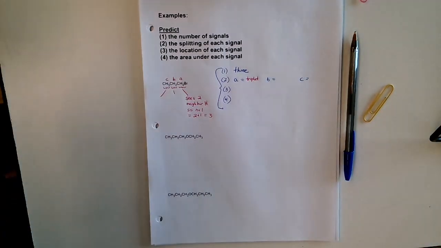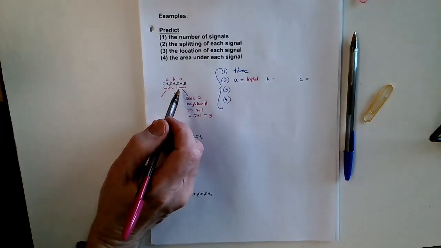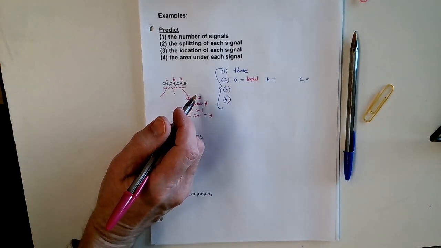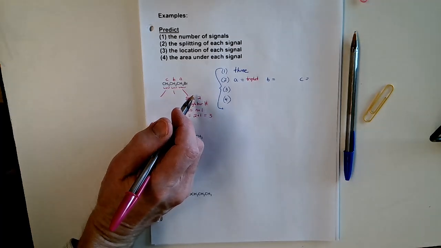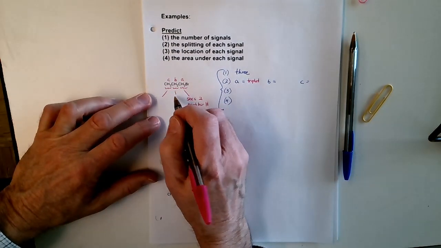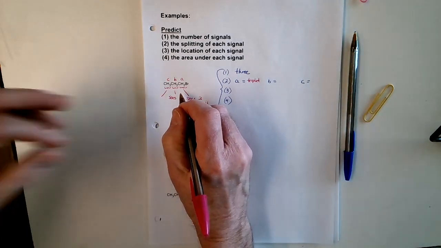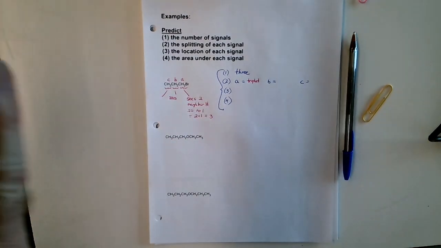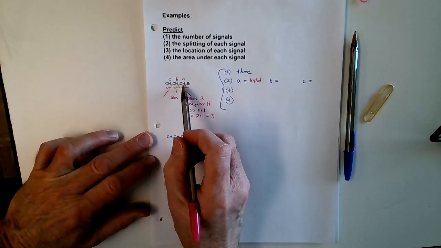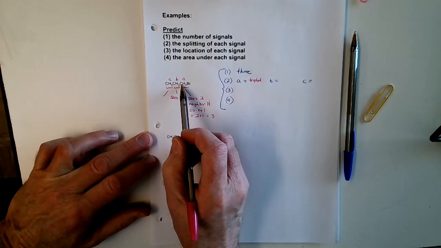That one signal that is due to set A, yeah, it's one signal, but it is split into 3 little pieces. Next one. Now we're on set B. So you go, it sees, and here's kind of your first heads up example. If you go one way, you've got 1 neighbor carbon, and it has 2.